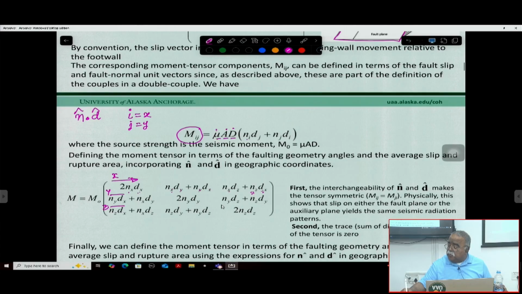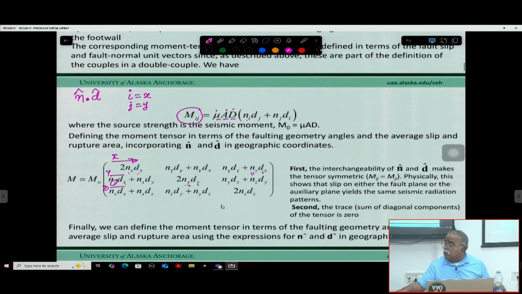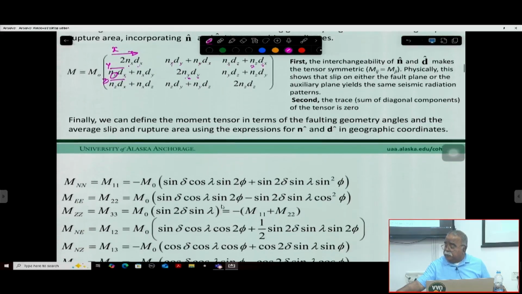This will start with the y, so y with the x, and then y with the z, just change the subscripts, and this will be both y and y, and so on and so forth. So this is your m vector, and that is calculating the n dot d.